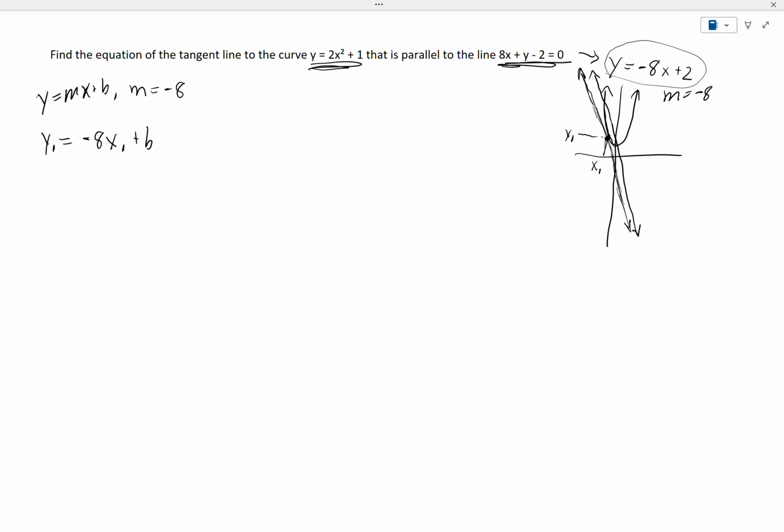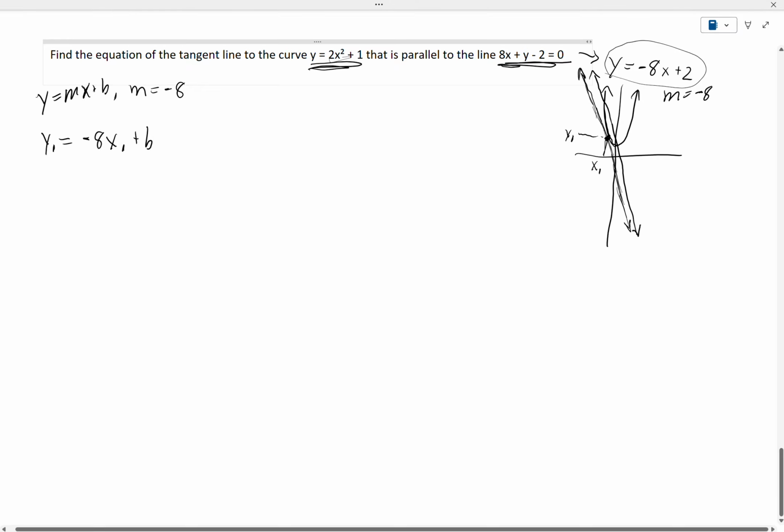Okay. Well, I know that y1 is going to be just this equation up here, except for I plug in x1 for x.